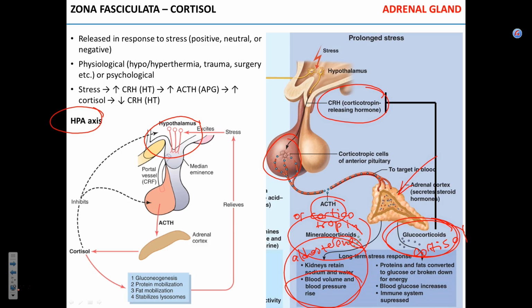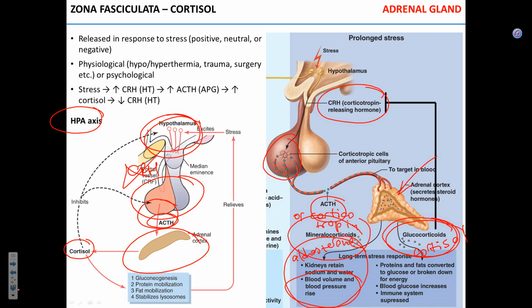Now, we have that axis, hypothalamus, pituitary, adrenal. We have hormones, CRH, ACTH, cortisol. So cortisol by itself inhibits production of ACTH and production of the CRH in the hypothalamus.